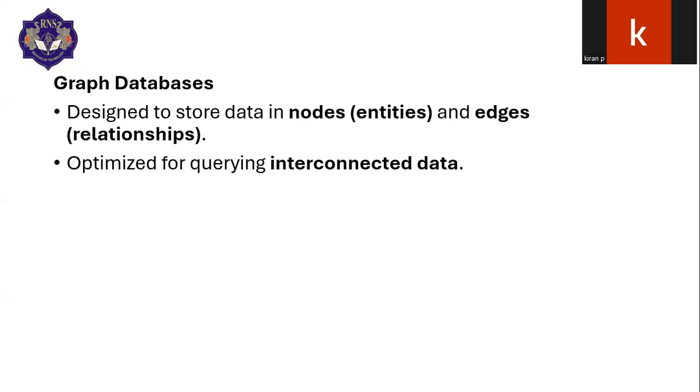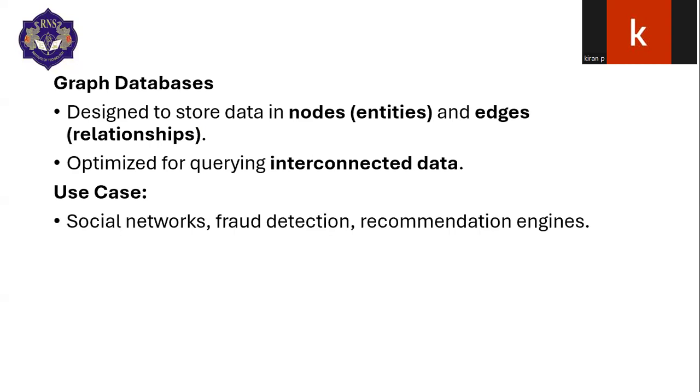If there is a lot of interconnected data, such as finding a friend of a friend, or I have a specific skill and want to know who the persons related to it are, then graph databases play an important role. The best examples are social networks, identifying frauds, and recommendations. All of them use graph databases.